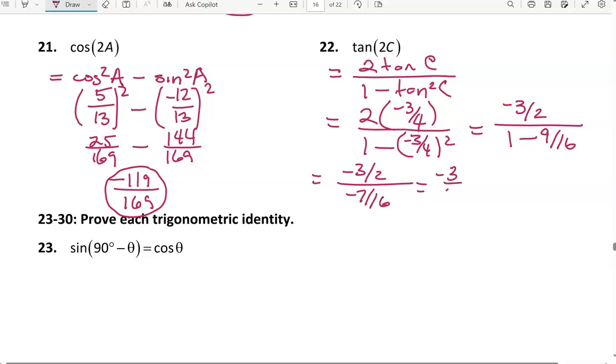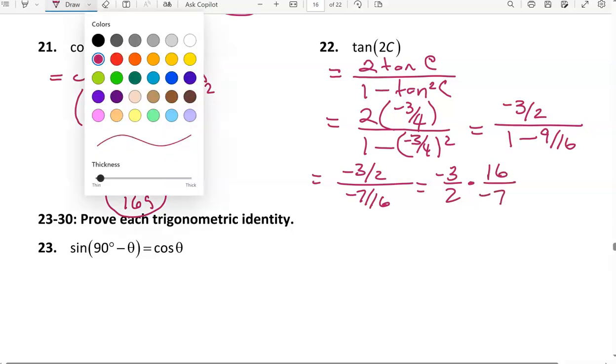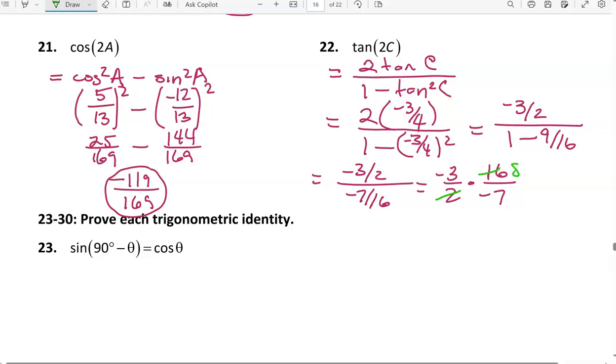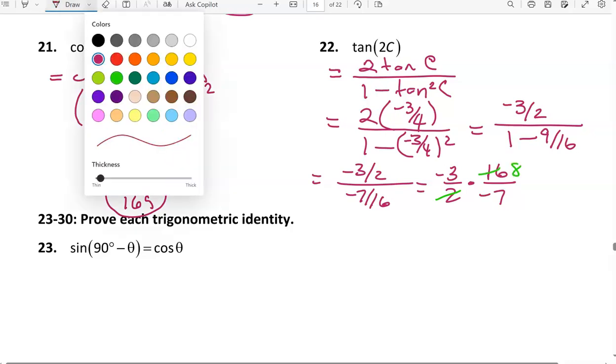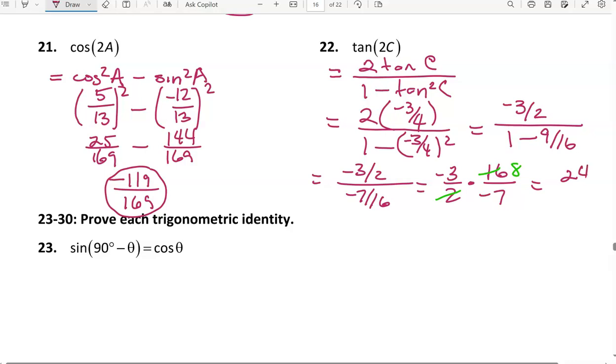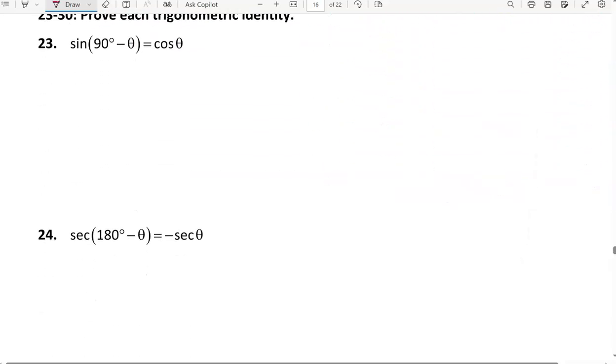So that's negative 3/2 divided by negative 7/16, which means times 16 over negative 7. We can cancel some common factors, and that will give us a result of positive 24/7.